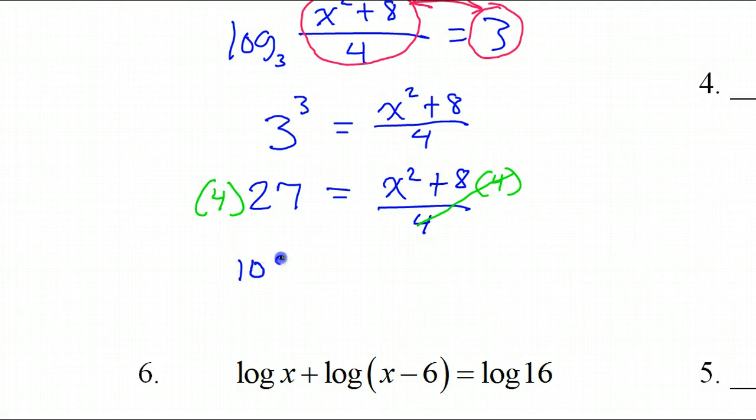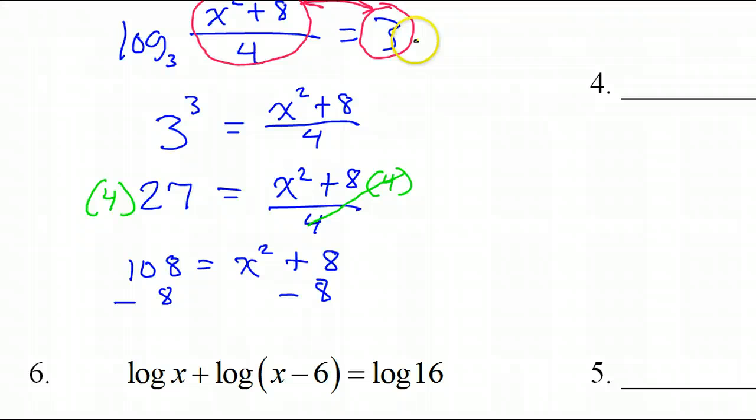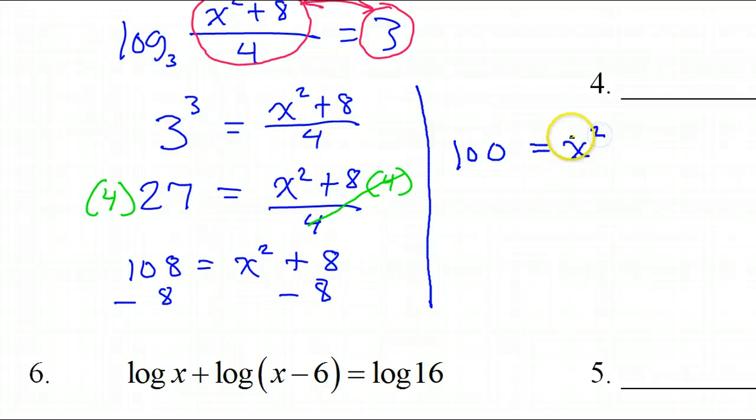So I have 108 is equal to x squared plus 8. Because we just have x squared, I can get it by itself by subtracting 8 from both sides. That is going to give me 100. So that gives me 100 is equal to x squared.